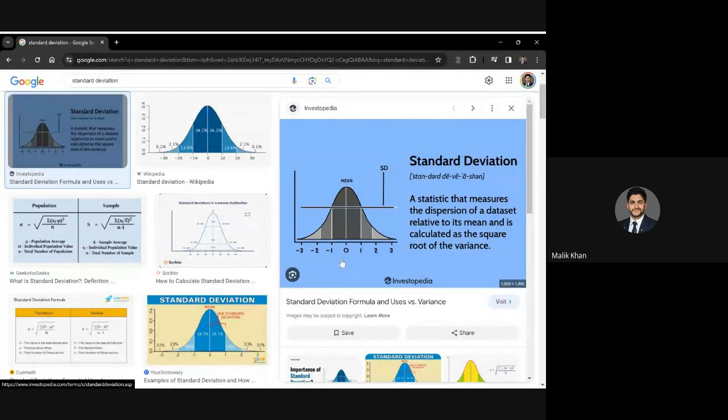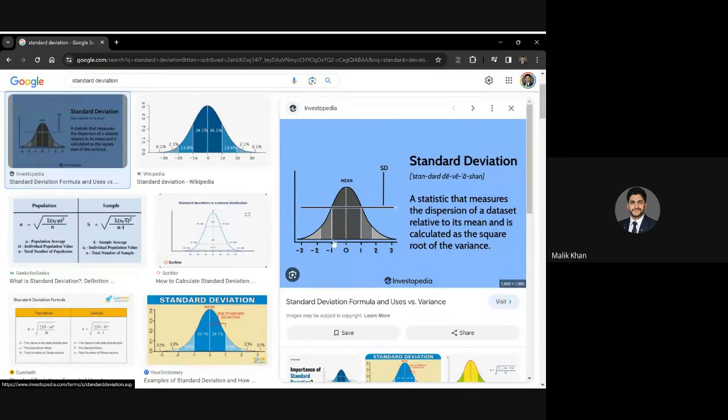Does everybody have an age of 50, or no? Some people have 30, some people have 20, some people have 70 or 80. How spread out the data are from the mean, right? So if you consider one standard deviation, this is deviation. In simple terms, how deviated the data is from the mean, right?